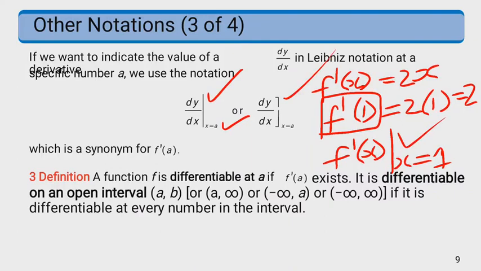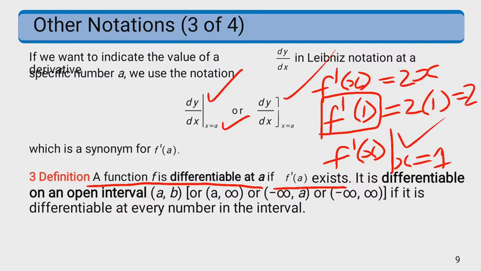So now we can talk about when do we say a function is differentiable, which is somehow the last part that we wanted to discuss today. And then we'll just give a notation of higher order derivative. So a function f is differentiable at a point a if f prime of a exists.